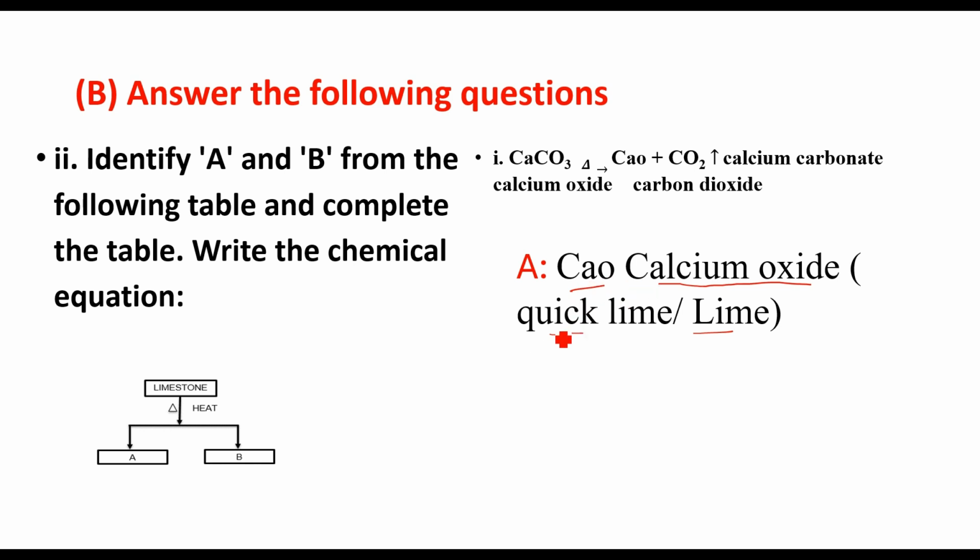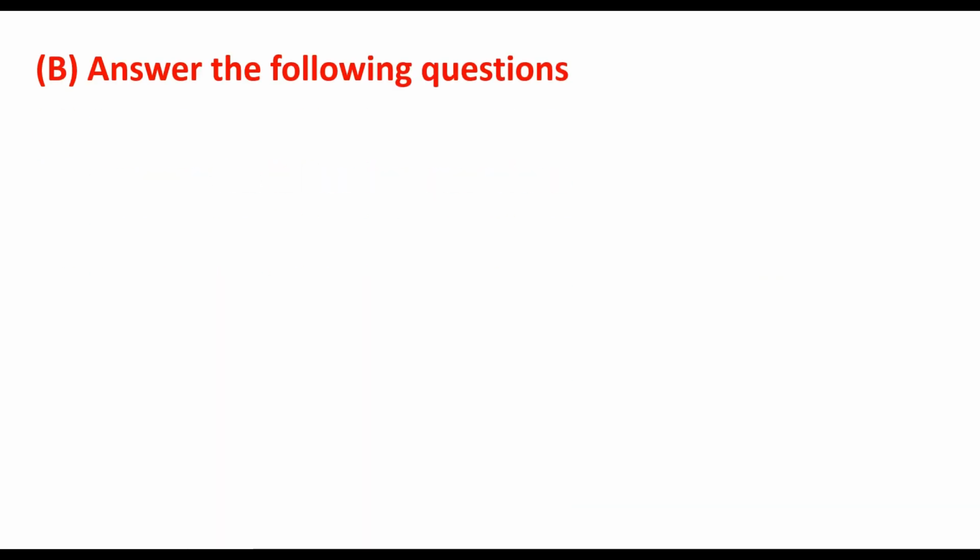Because CaO is called quicklime or lime, and in B we write carbon dioxide, with the arrow, and in the word form it is written. Like this way you have to answer this particular question.